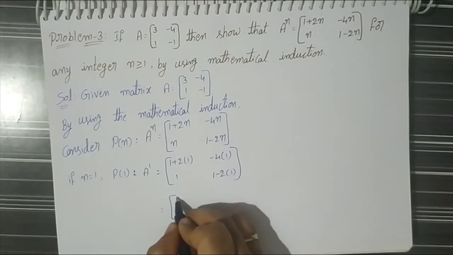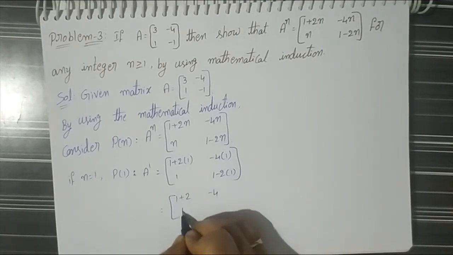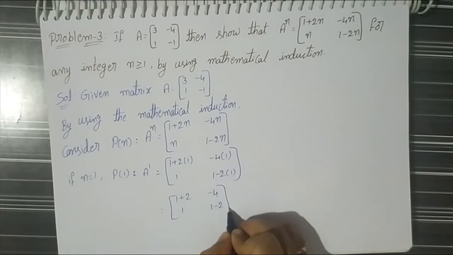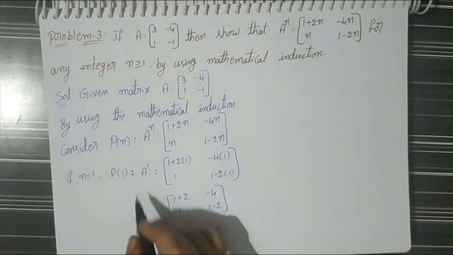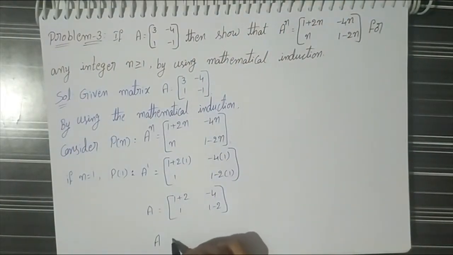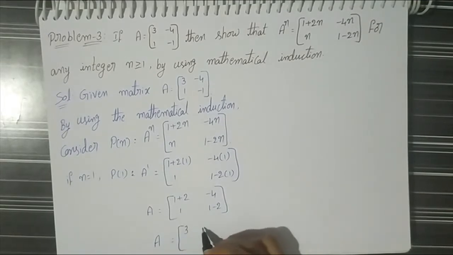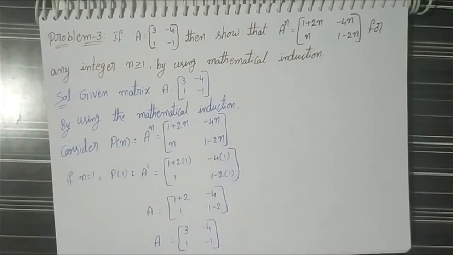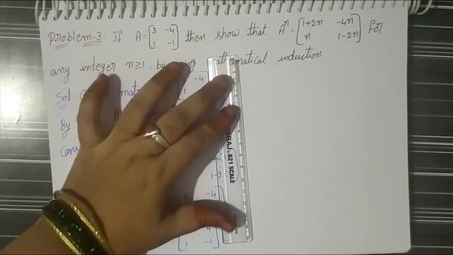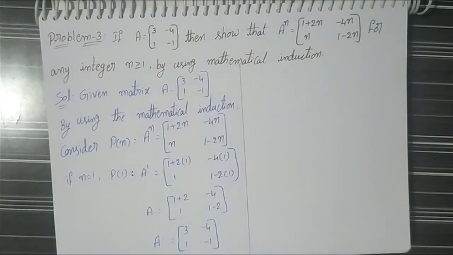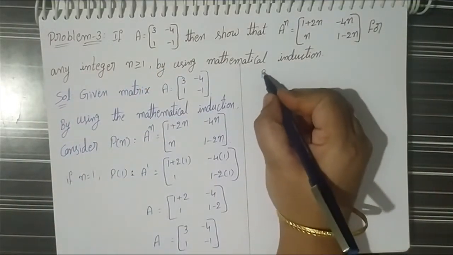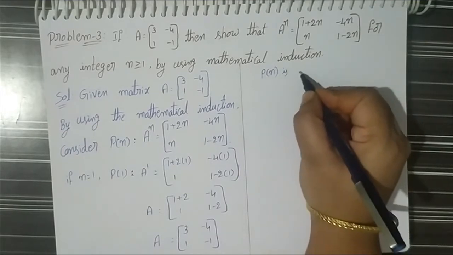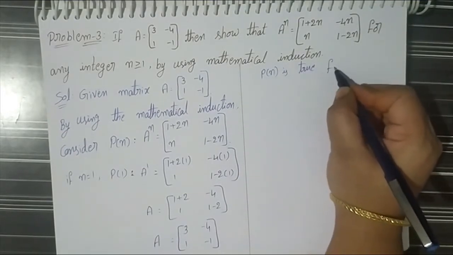That is equal to [1+2 -4; 1 1-2], that is [3 -4; 1 -1]. A power 1 is A, which is our given problem matrix. The matrices are equal, so we can easily know that P of n is true for n equal to 1.